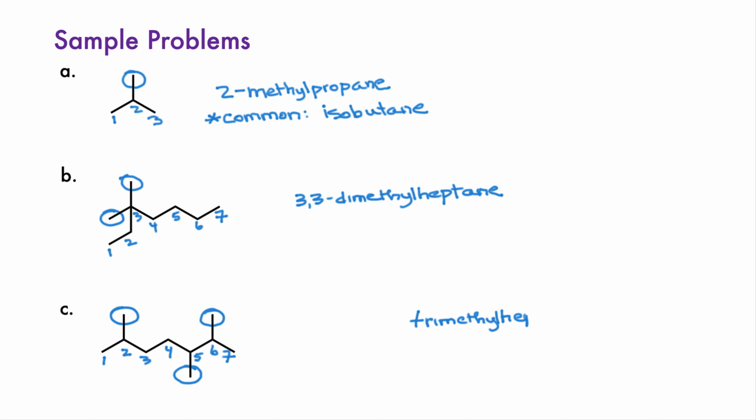Let's number in the other direction so we can see the 2 competing numbering schemes. From left to right, we can have 2, 5, 6. And from right to left, we can have 2, 3, 6.